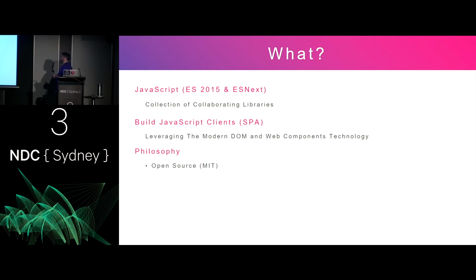So the philosophy around Aurelia is, first off, it's an open source project. We're MIT licensed. The framework is free and always will be free. You can fork it if you'd like. We're up on GitHub. We like to encourage you to write clean code through the use of simple conventions, okay? We're not trying to infect your application's code with framework code.